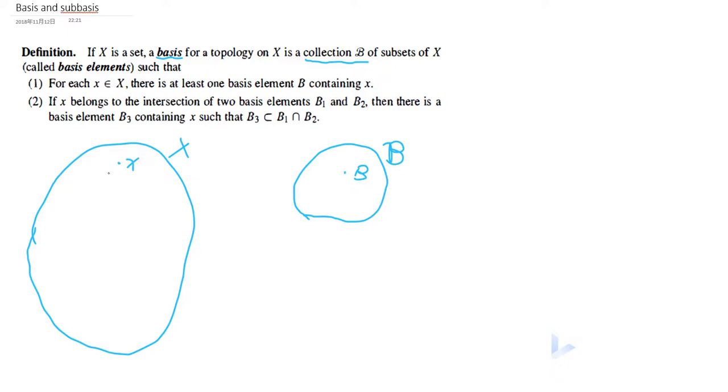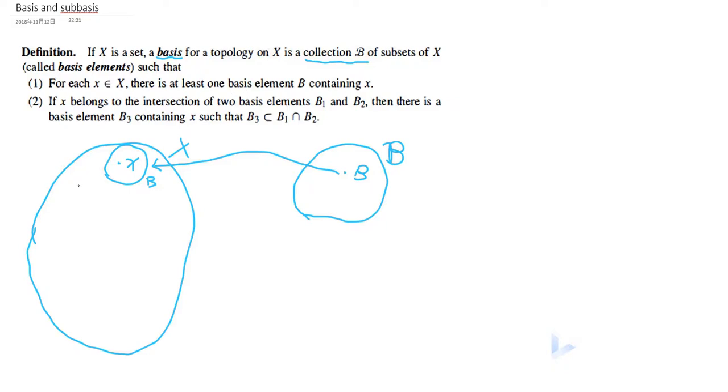So this B should contain this point x like this. If for any point x, we can do this thing, we can always find a basis element inside this collection to contain the point, then the first property is satisfied.